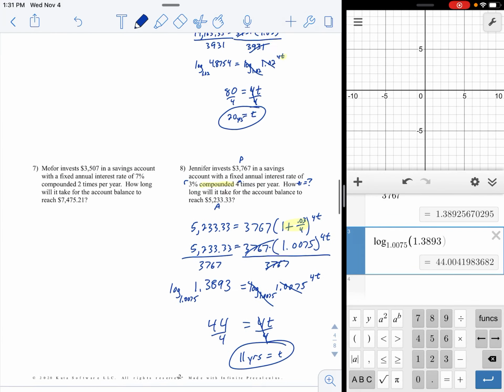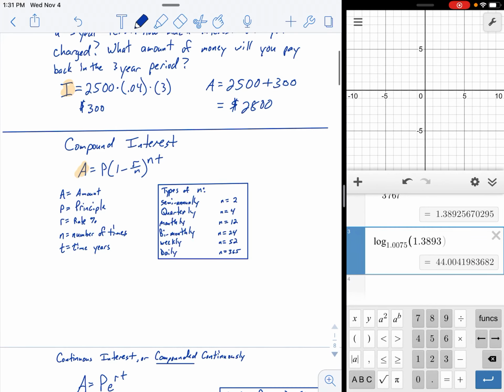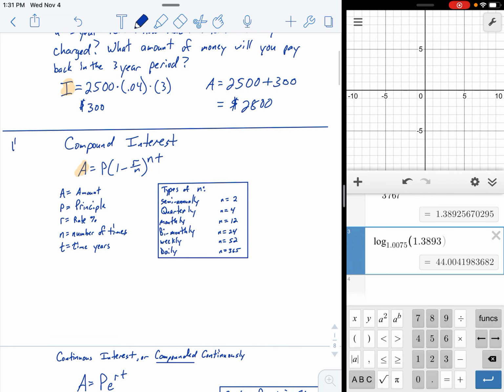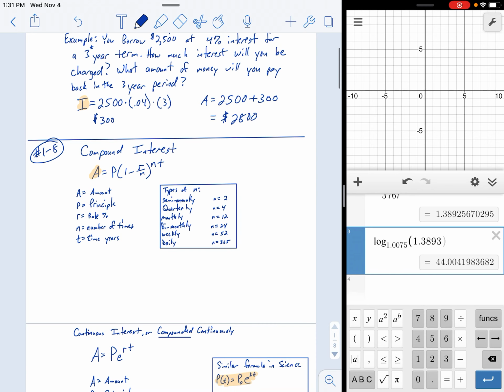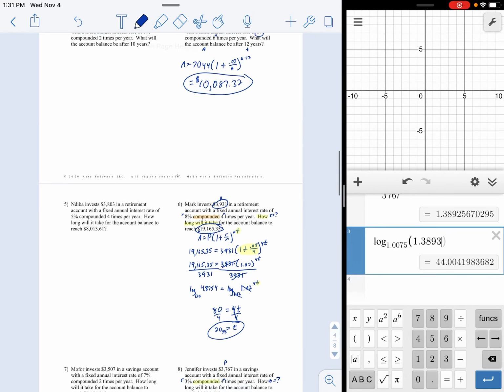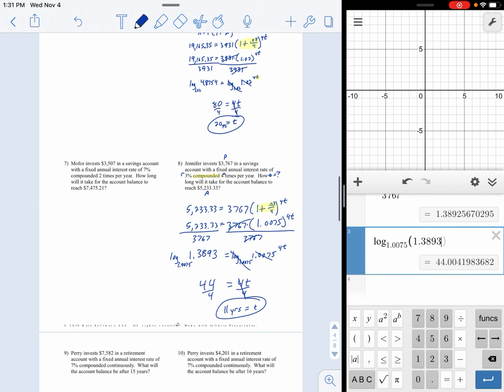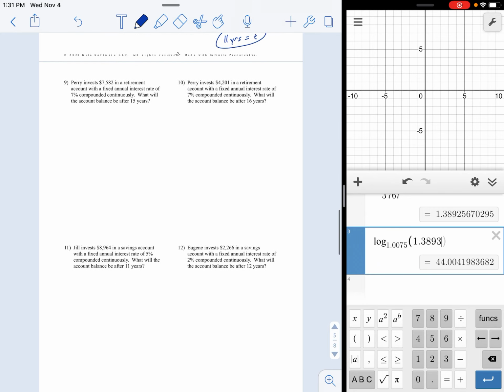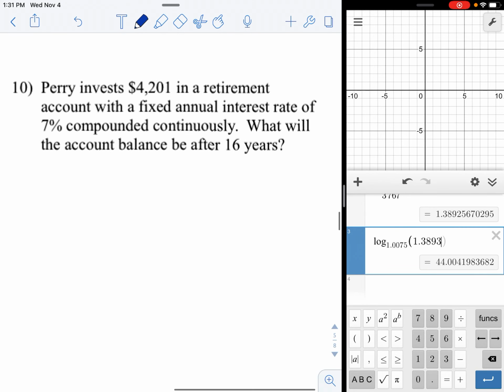Okay, so the first 8 problems all involve this formula. The first 4 are straightforward. The next 4 are sort of working backwards and using a logarithm. Next, Perry invests a principal amount in a retirement account at a fixed rate, that's a percentage.